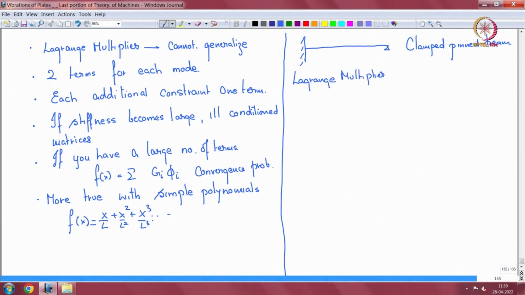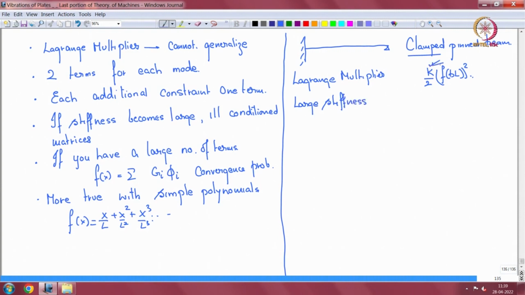Right in the beginning of the lecture, I showed you the potential energy term, k by L square, something like that. So if you want to do a clamped pinned beam, you can put a large stiffness as the potential energy.